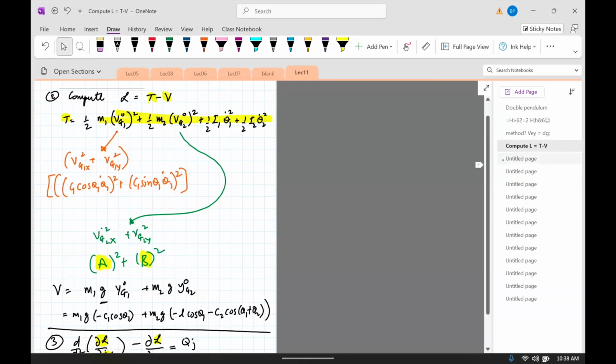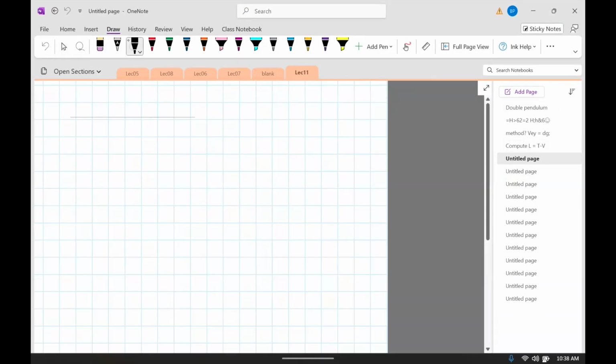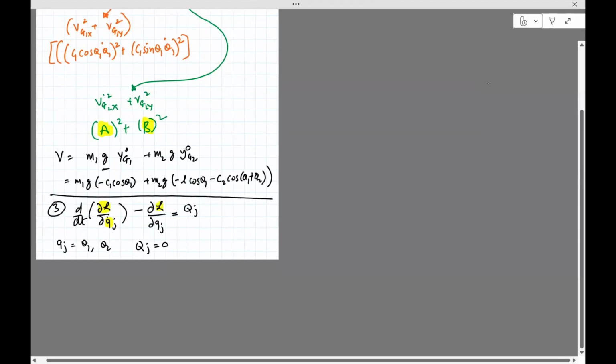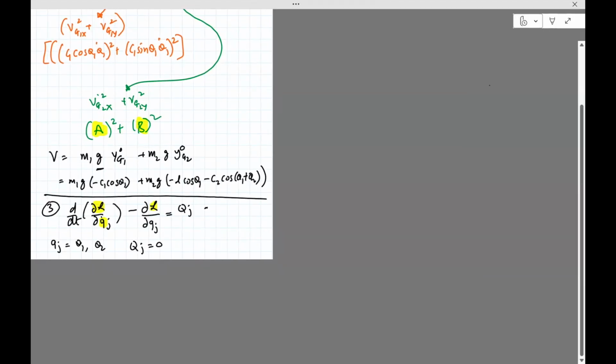Okay, so this is sort of a code management thing. As I showed you in the code, you do this 2 times for 2 equations, right? One for theta1 and theta2.